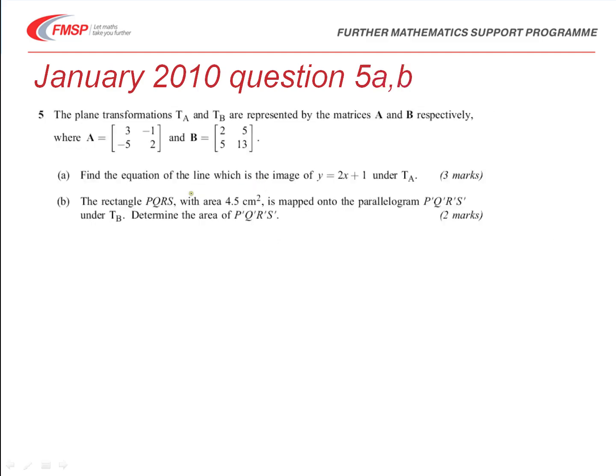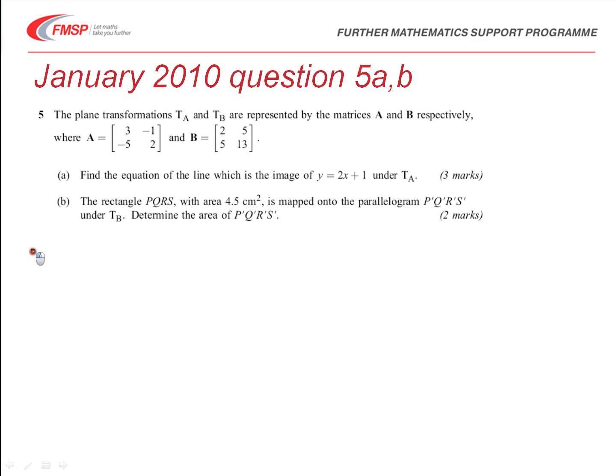So, first part of this question asks us to find the equation of the line which is the image of y equals 2x plus 1 under the transformation TA. So we've got to apply the matrix 3, negative 1, negative 5, 2 to this line.